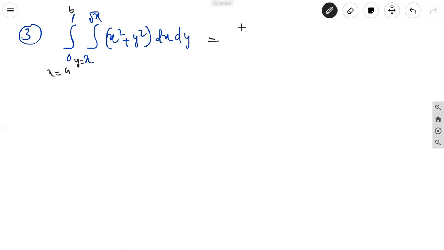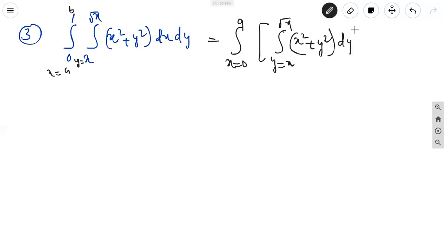In this case, first we can integrate with respect to y. That is integral x equal to 0 to a, integral y equal to x to root x, x square plus y square into dy whole dx.